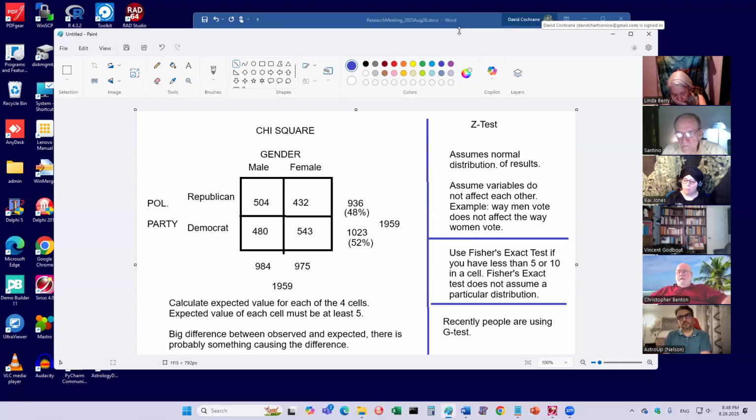To reduce the likelihood of a type 1 error, a lot of statisticians will do what's called a Bonferroni correction, which means that they'll lower the threshold of significance for the p-value.